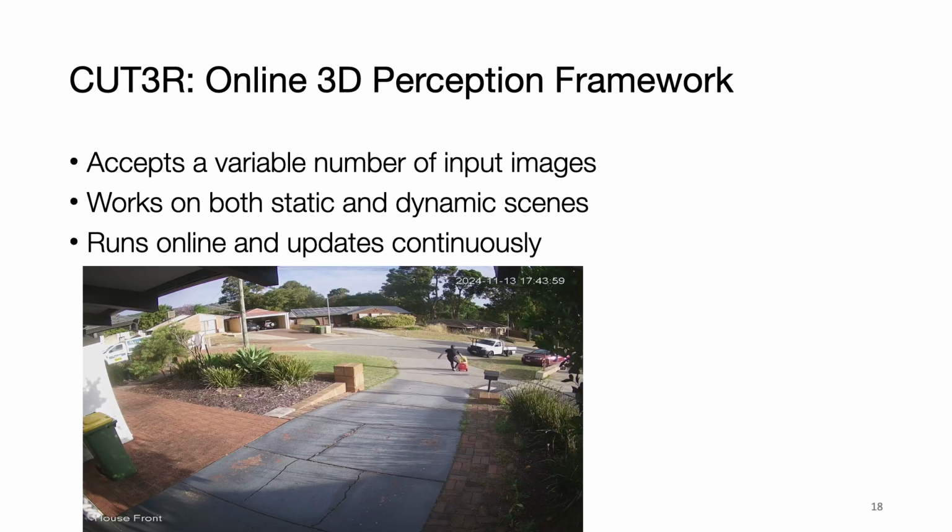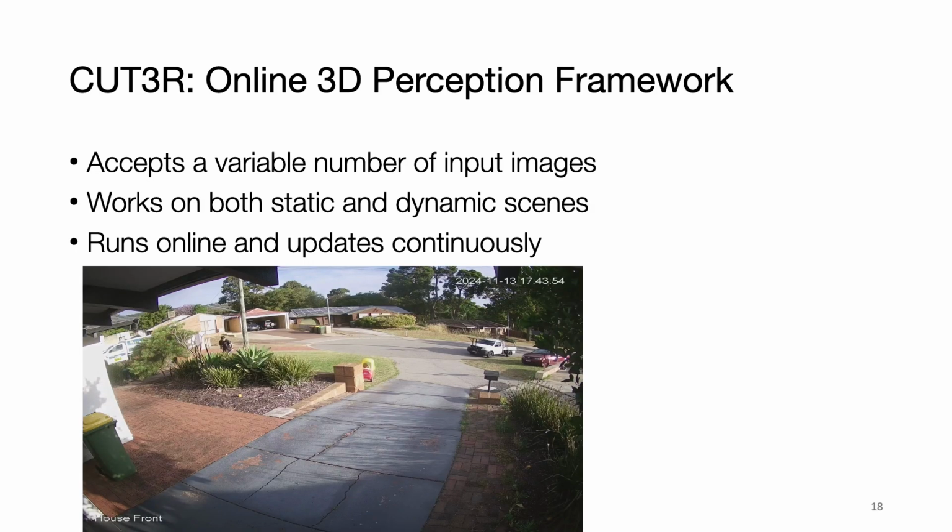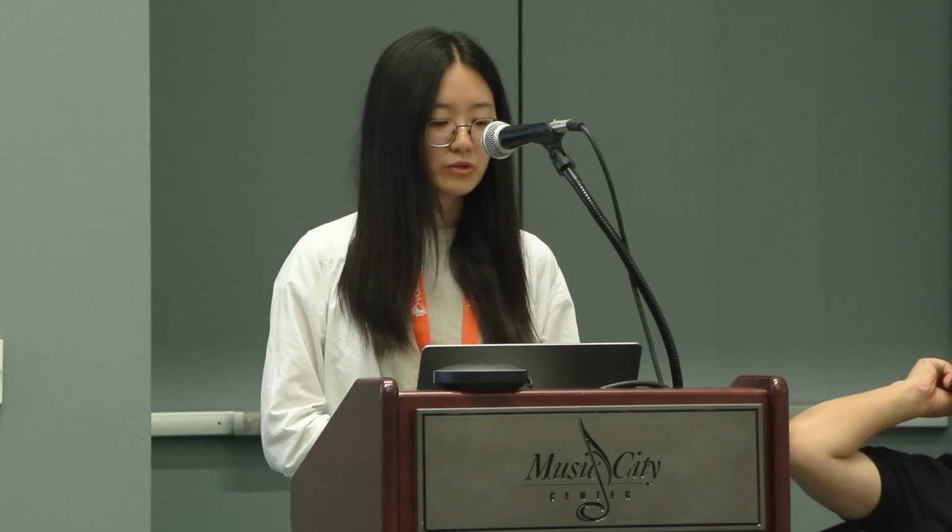We really want to emphasize the third point because, in order to interact with the physical world, we do need to be able to update and function online, in real time. This is what the bat is doing here. I don't know if you can see it, but in a lot of scenarios we need to be able to create a digital twin in real time. So how do we achieve this? The key idea is very simple.